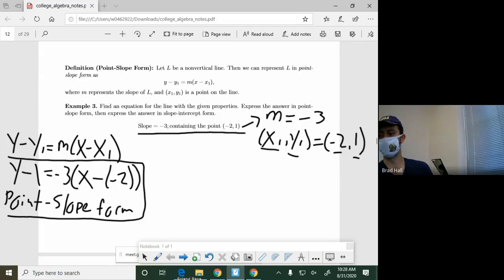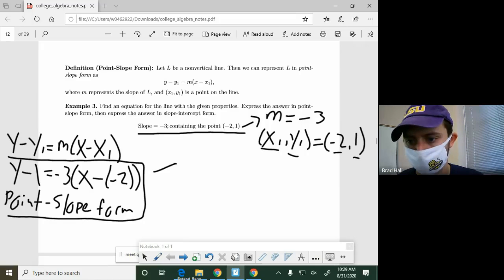But naturally, we want to take this information and rewrite it in slope intercept form. That's mainly the most important formula in this section, slope intercept form. So we're going to continue from this form, and I'll go ahead and clean it up slightly.